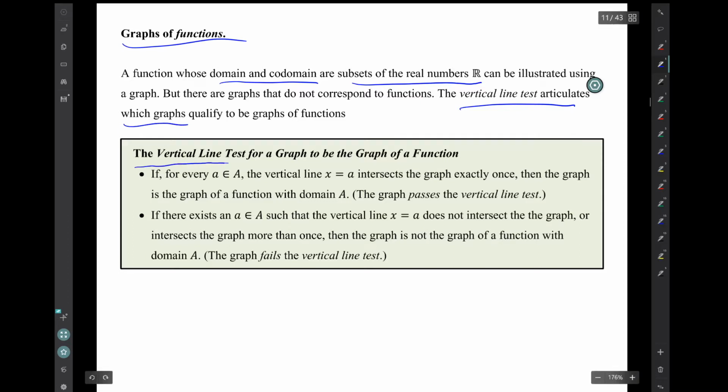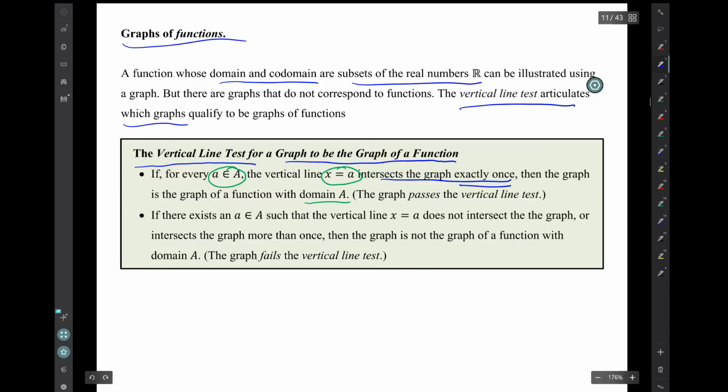So the vertical line test for a graph to be the graph of a function is this. If for every little a in set capital A, the vertical line with equation x equals little a intersects the graph exactly once, then the graph is the graph of a function with domain capital A.